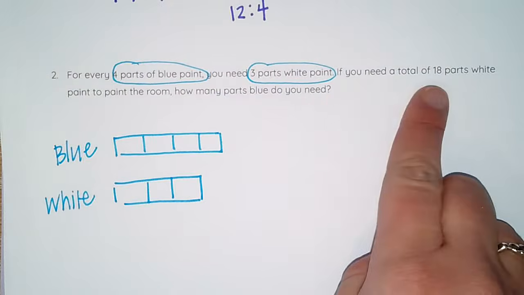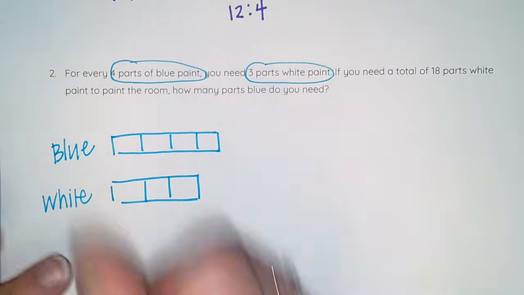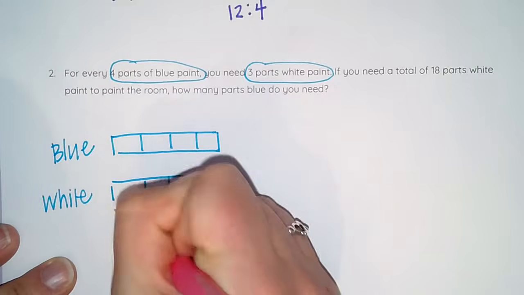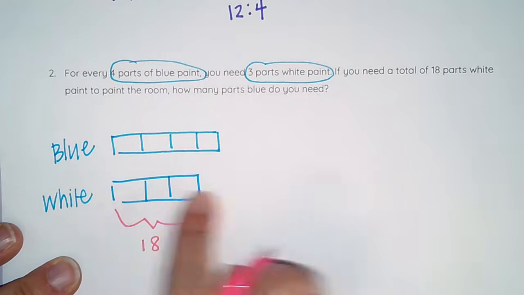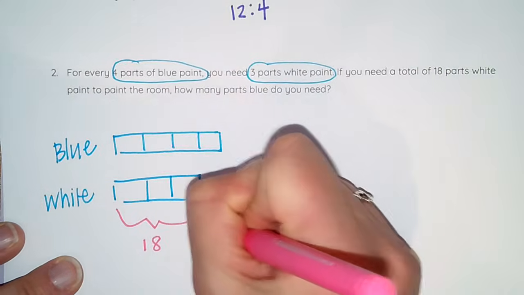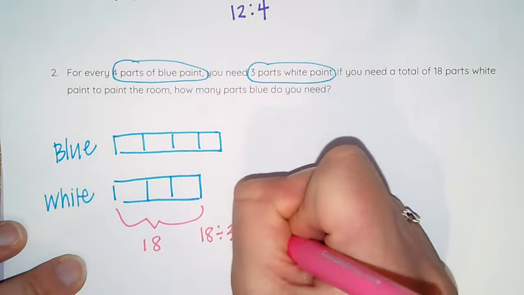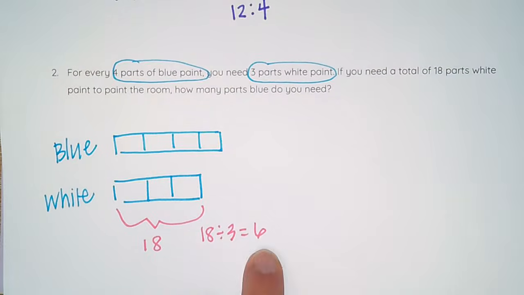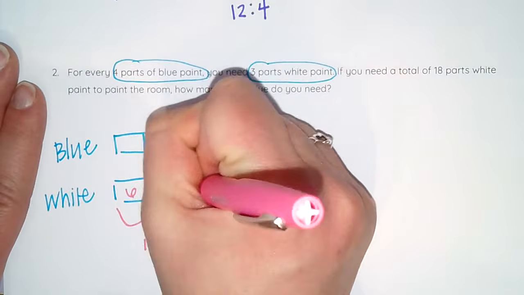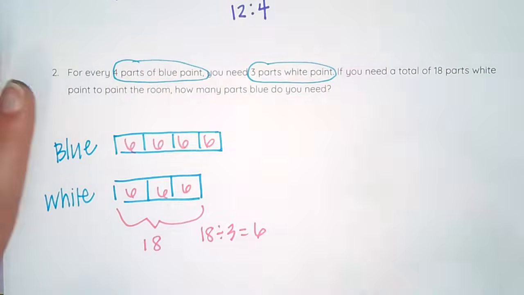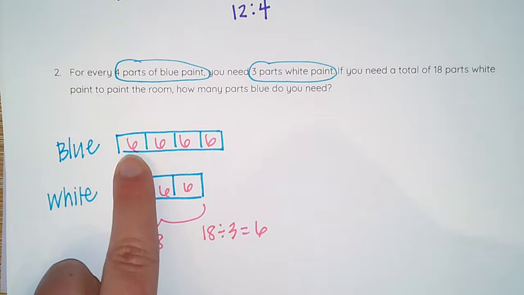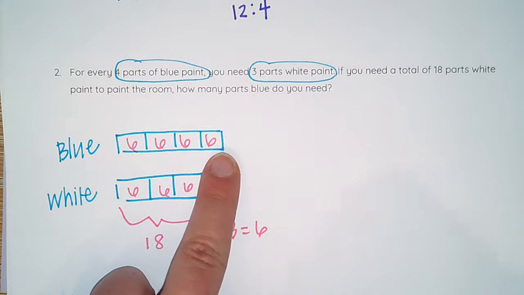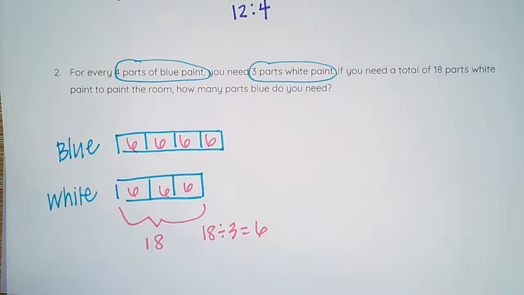It says I need a total of 18 white parts. So all together, this will be 18. There are 3 parts, so 18 divided by 3 will get me 6. Therefore, 6 goes into every box. So now I multiply. There are 4 parts of 6 each.